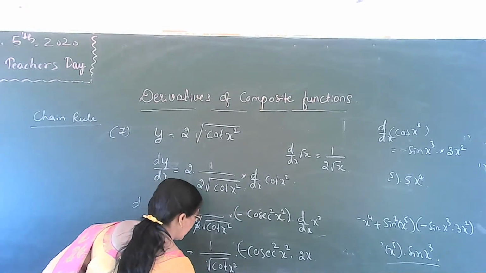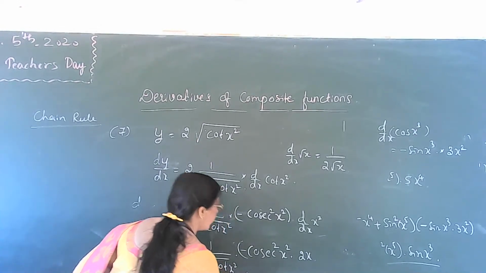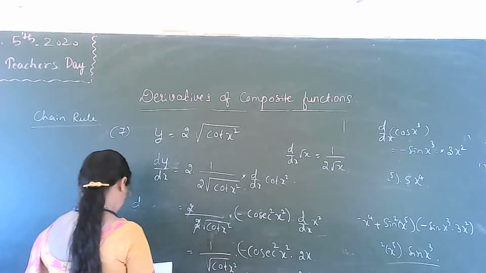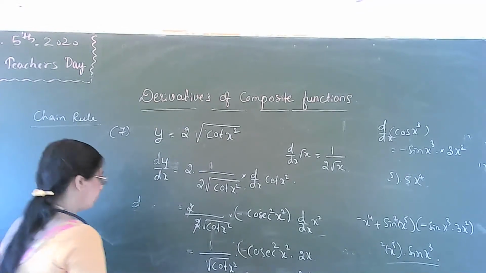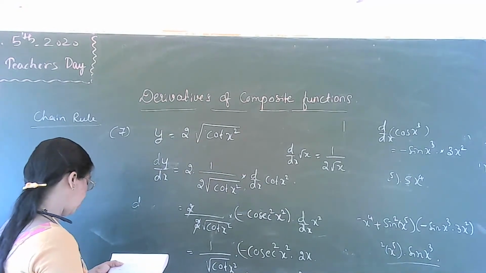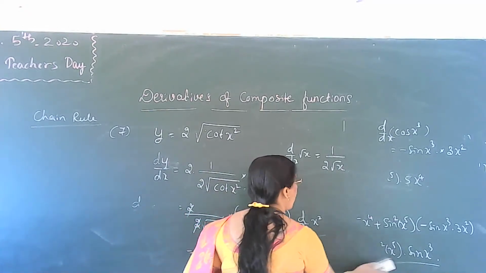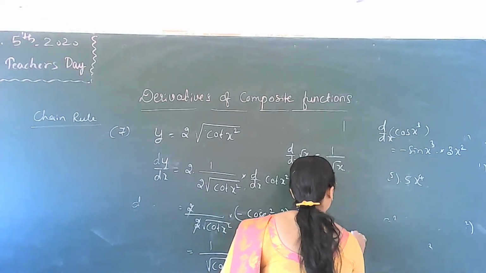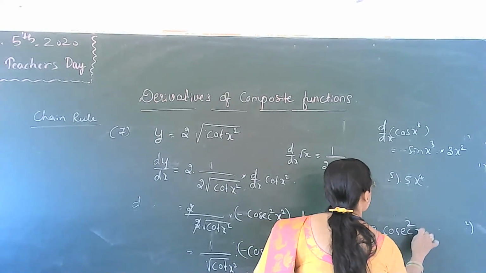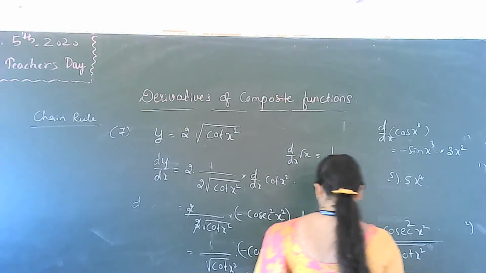Therefore, the answer is minus of 2x into 1 by root cot x square into cosec square x square. Therefore, derivative is minus 2x cosec square x square divided by root of cot x square.